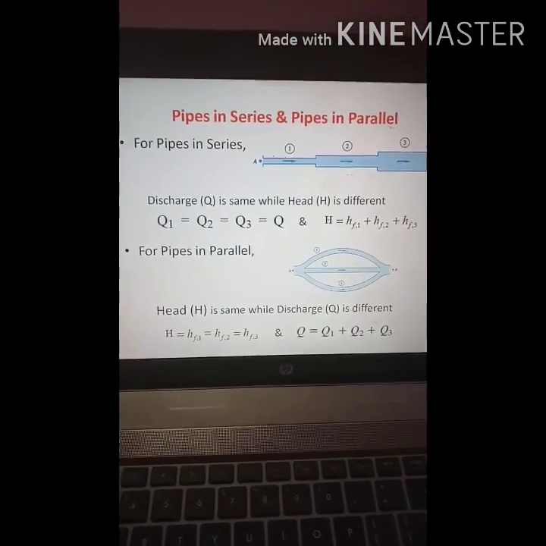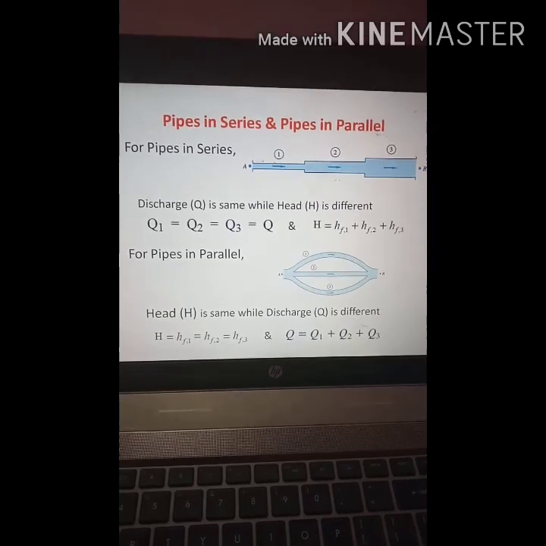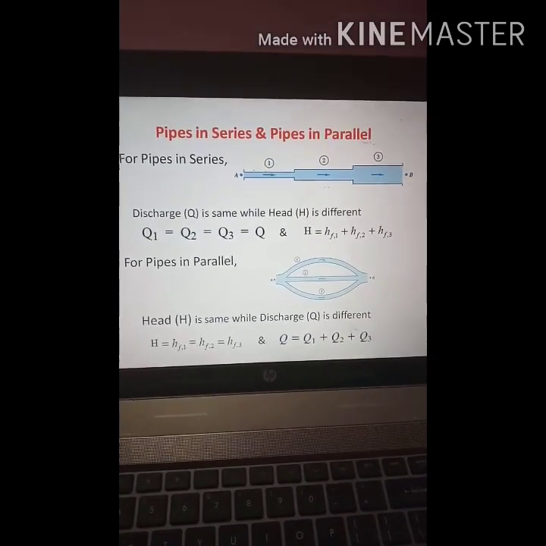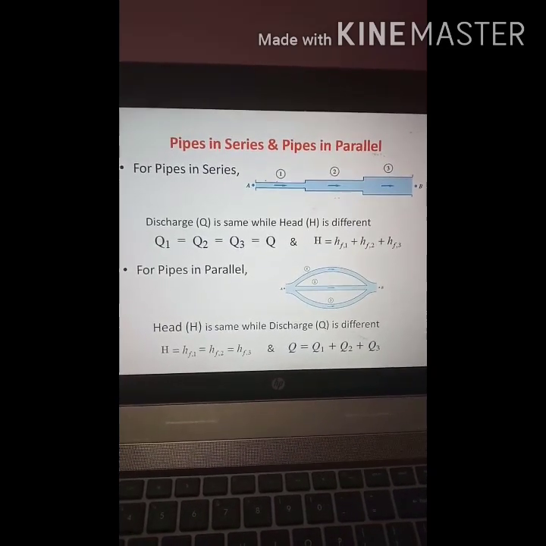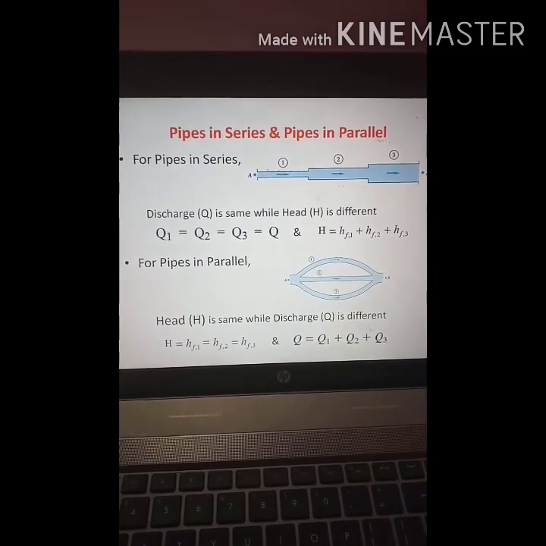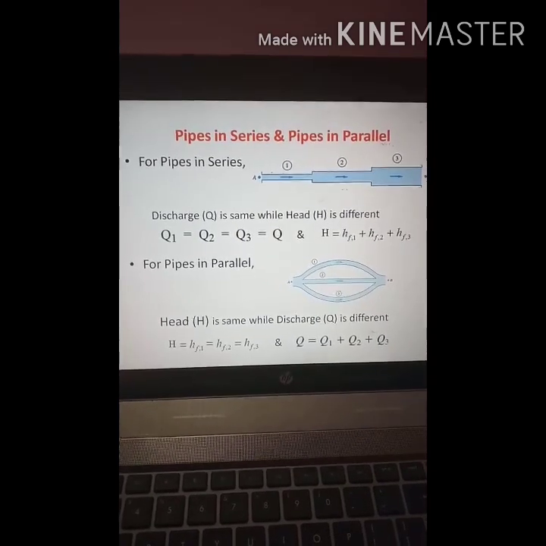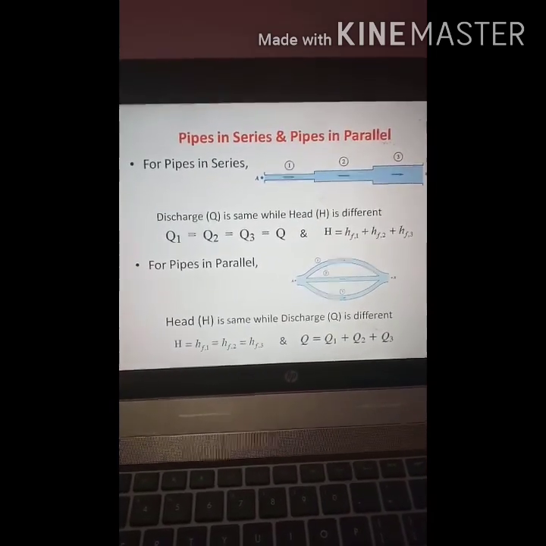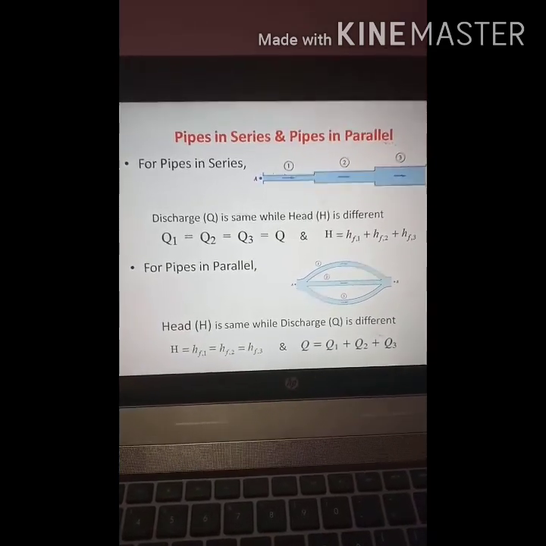That is nothing but whether you want higher discharge or whether you want higher pressure. We know that if you increase the discharge, then the pressure will decrease. If you decrease the discharge, then the pressure will be recovered, or will be more.